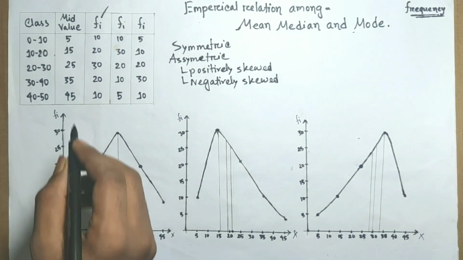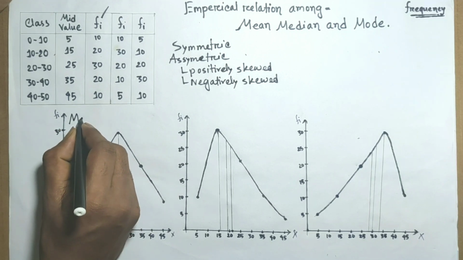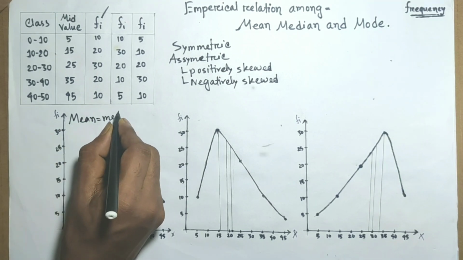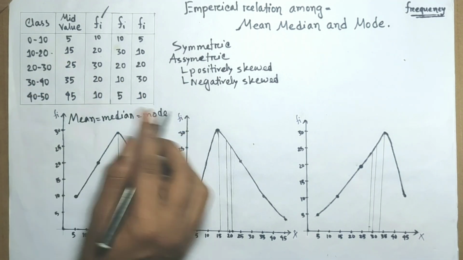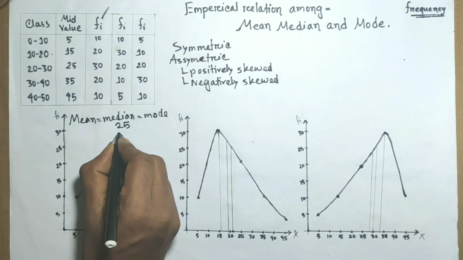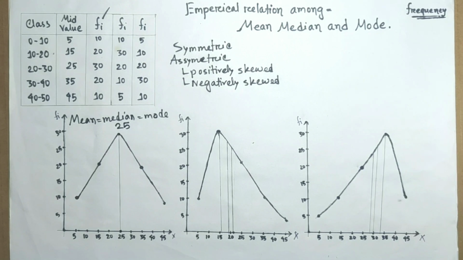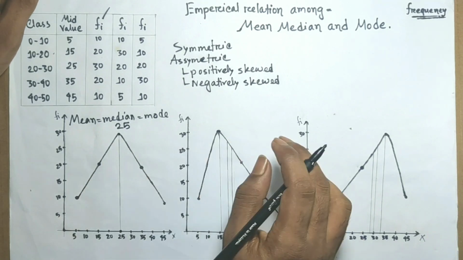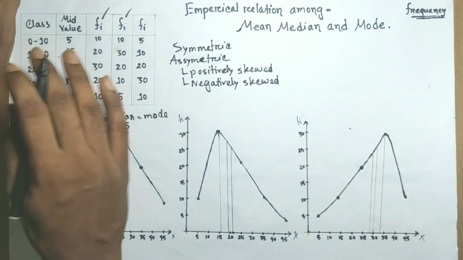So for the first frequency column, or for this curve, you will have the mean equal to the median equal to the mode, and the value of these 3 central tendencies is 25. You can see along the x-axis the 25 is here. So for a symmetric or normal bell-shaped curve, we'll have the central tendencies, that's the mean, median and mode, equal.